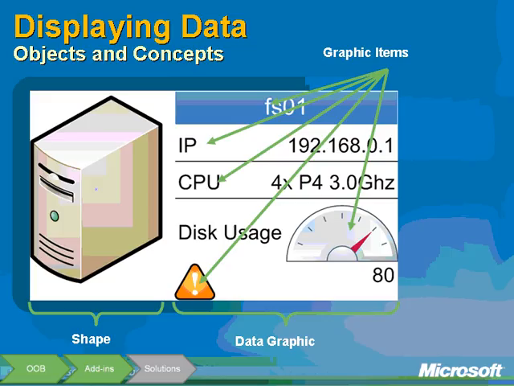These are all the different ways you can display data, and then you bundle all those together into a single data graphic. This whole thing on the right is the data graphic, and a data graphic is associated specifically with a shape. You set the data graphic property on a shape to be a specific data graphic, and then that looks at the shape data to pull out all the information that drives, for instance, this IP address or the disk usage or anything along those lines. That gives you that way of looking at the information.